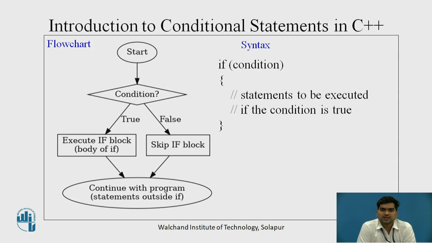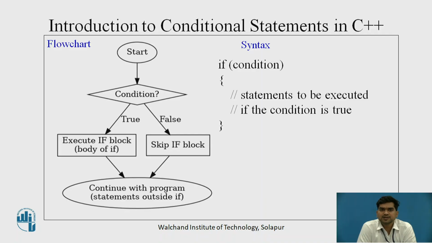The flowchart is very important. It shows how the program is going to execute under the if condition statement. We start the program, then provide the condition. If the condition is true, then only the body of the if block gets executed.